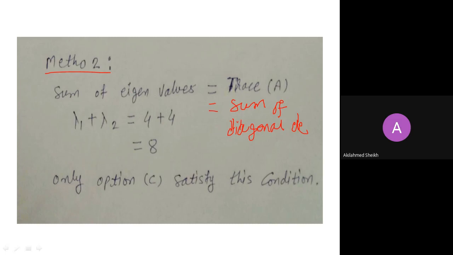Here, the given matrix is 2 by 2. The order of the given matrix is 2 by 2. So we assume here lambda 1 and lambda 2 are the eigenvalues. So I just take lambda 1 plus lambda 2 equals trace of A, which is 4 plus 4, 8. So only one option satisfies this condition.